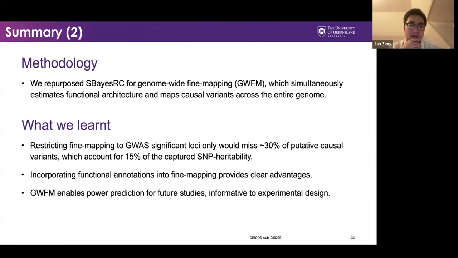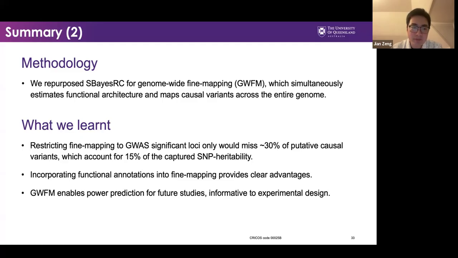So in summary, we used SBayesRC for fine mapping, incorporating functional annotations, and it appears to help with managing the false discovery rate, increasing the power, and reducing the credible sets.